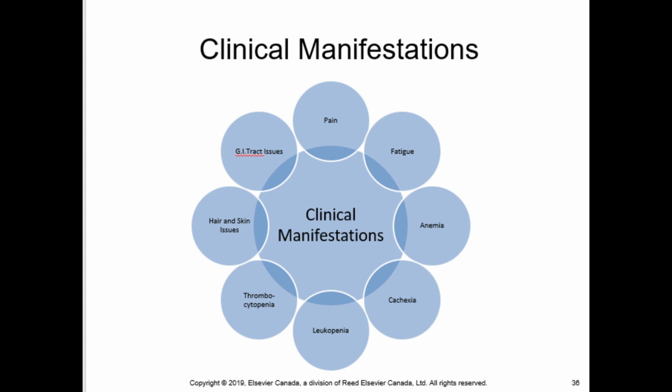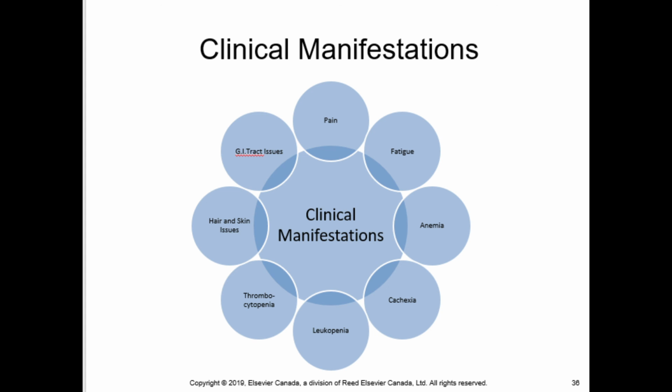GI manifestations or gastrointestinal tract issues may include malabsorption disorders, diarrhea, and therapy-induced nausea. Lastly, hair and skin manifestations can include the loss of hair due to chemotherapy.